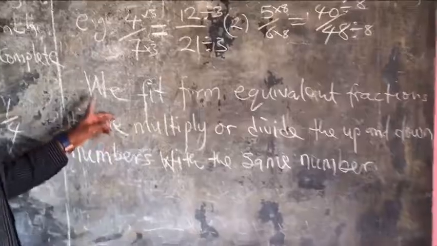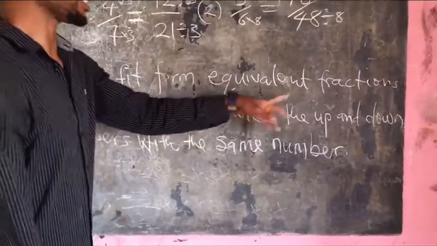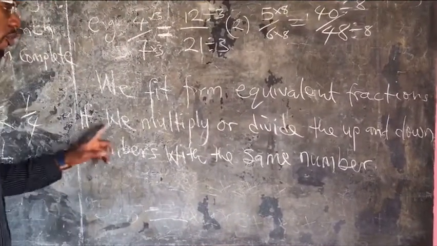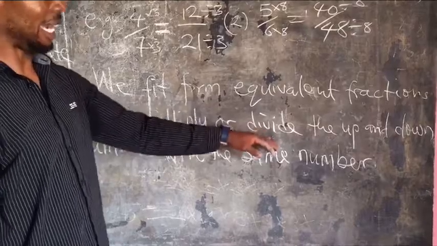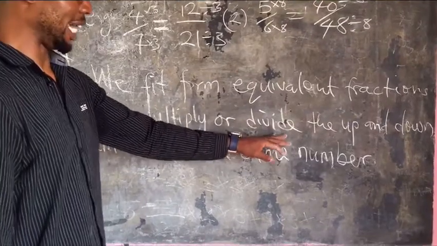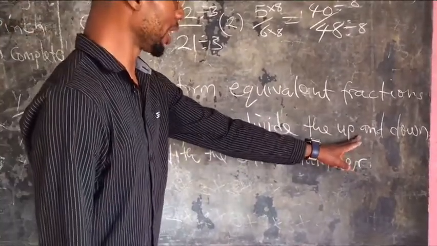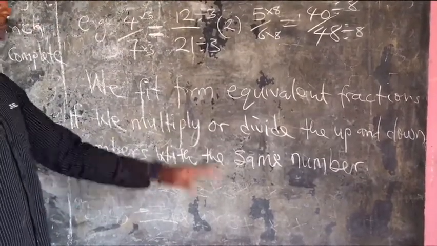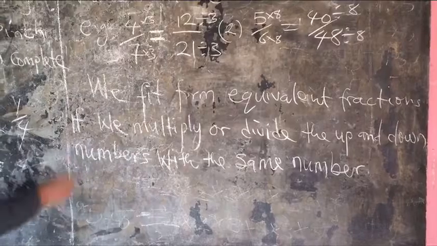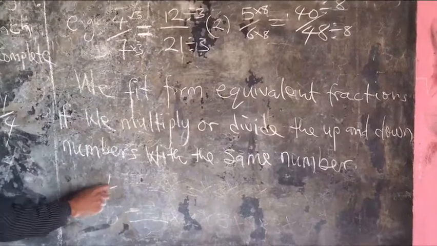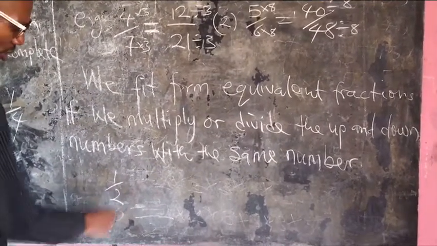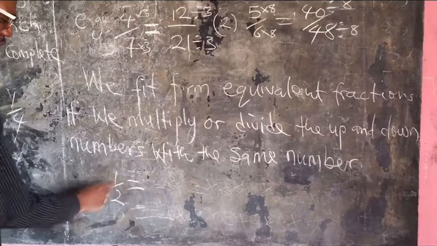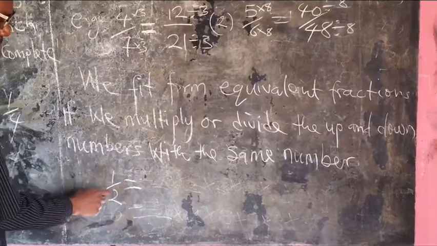Now we can form equivalent fractions if we multiply or divide, if we times or we share the top, that's the numerator, and the denominator with the same number. Now what did I write here? Example, I have 1/2. So I can get an equivalent fraction if I multiply this 1/2 by 2.